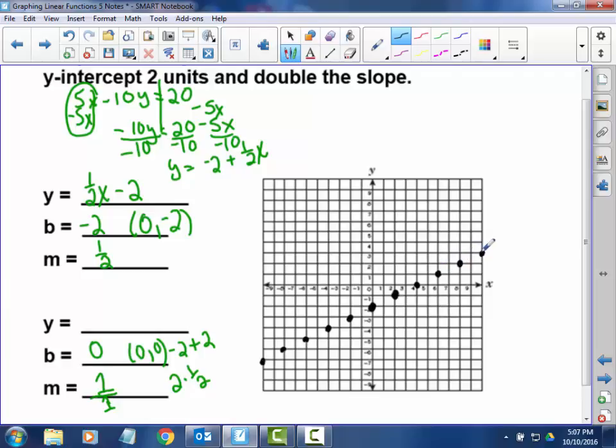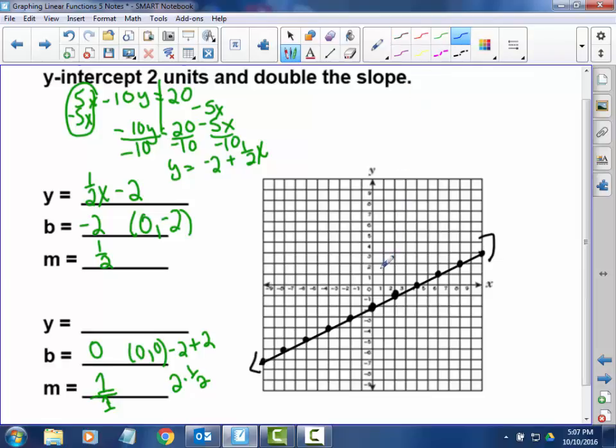We put our straight edge to it, put our arrows on the end. So there's our first line, y equals 1/2 x minus 2.